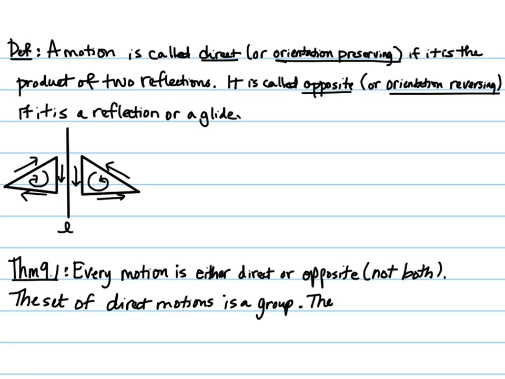And the product or composition of 2 opposite motions, like 2 reflections, is direct.